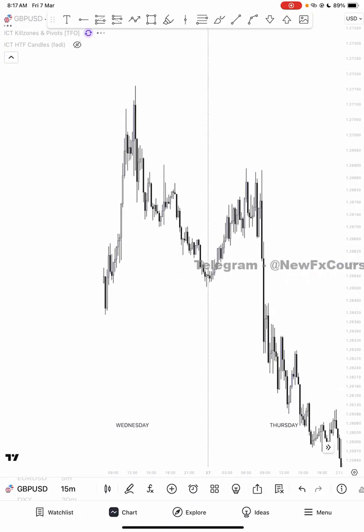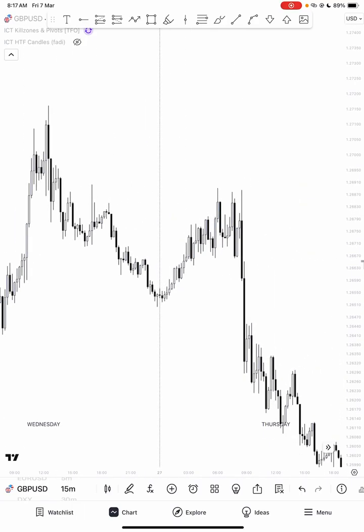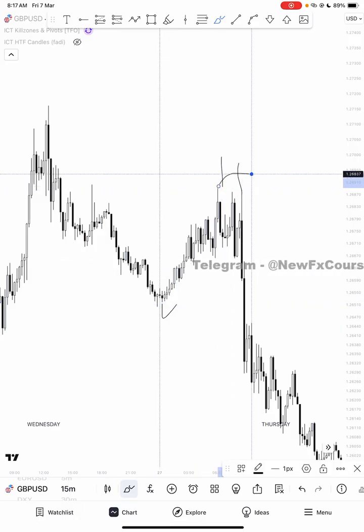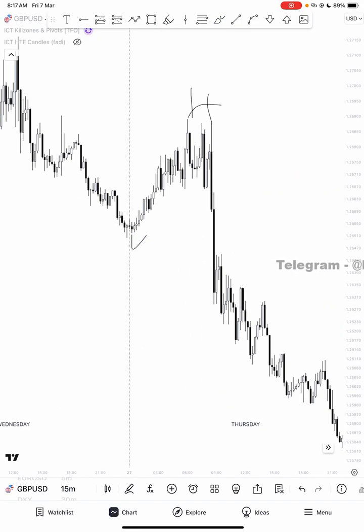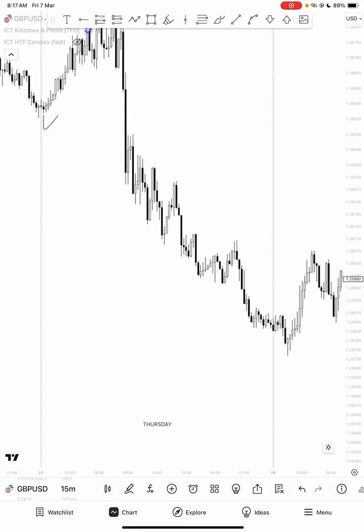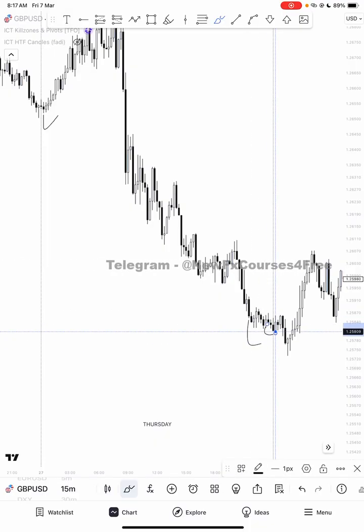So you can see here during this price action here, the market opened here with this move, open, high, open high, low. You got your low over here and you got your close over here.